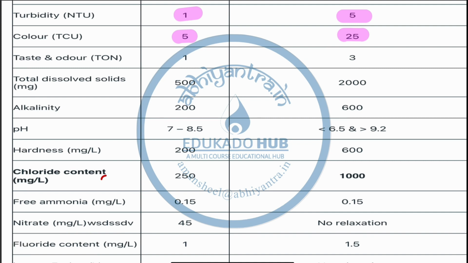Most important is alkalinity is 200, this is the standard limit, and if there is no alternate we can go up to 600. And pH 7 to 8.5, and if there is no alternate less than 6.5 is also okay, and greater than 9.2 is also fine.